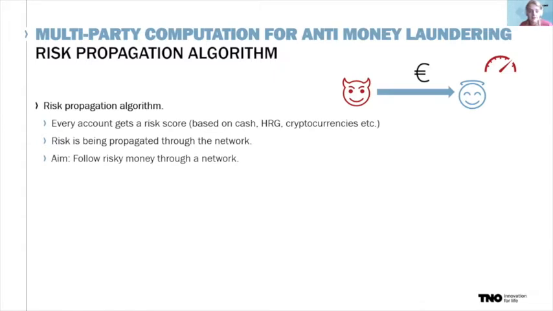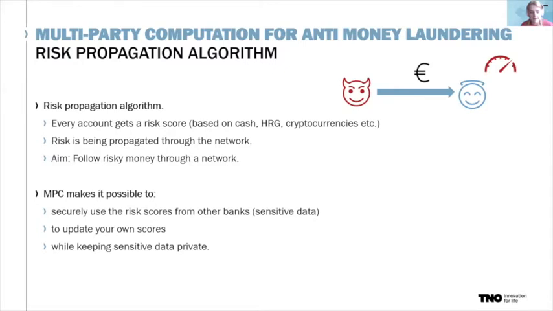And this risk score is being propagated through the network, which means if you look at this picture, that if a risky account sends money to an account that is not considered risky, then its risk score increases. And MPC makes it possible to securely use these risk scores from other banks to update your own scores while keeping your sensitive data, so your own risk scores, private.